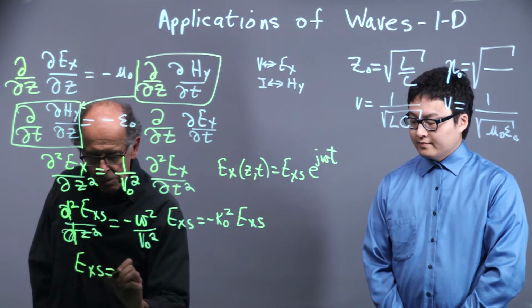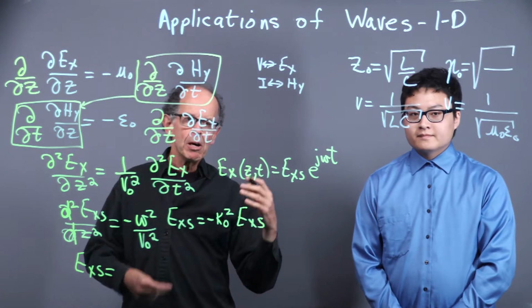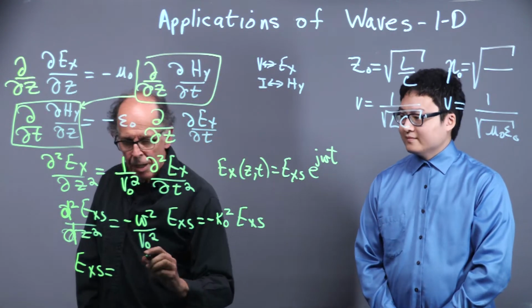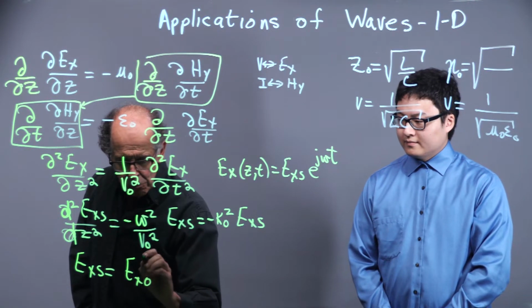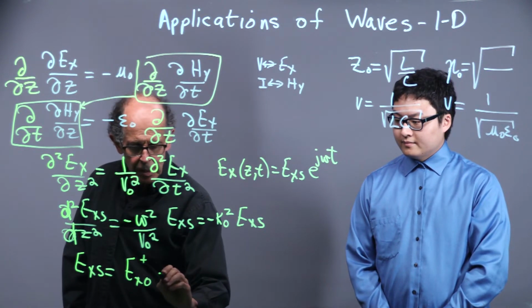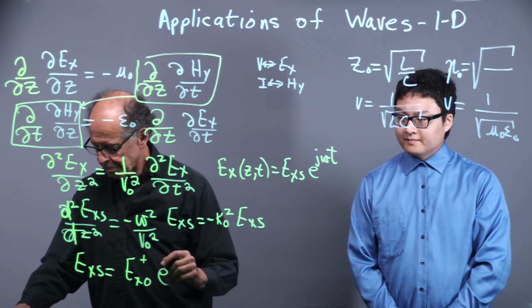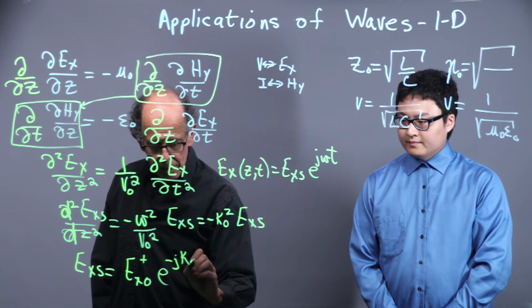EXS is equal to, and we're going to deviate a little bit from the book's notation because we want to emphasize forward and backward going waves, E x naught plus times, well, it's exactly the same as the transmission line solution, e to the minus j k naught z.